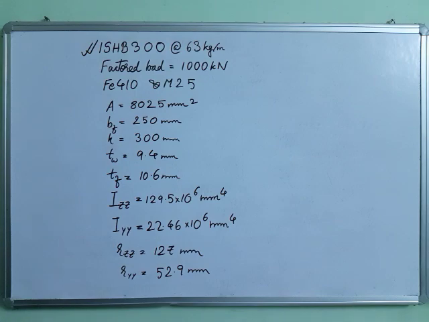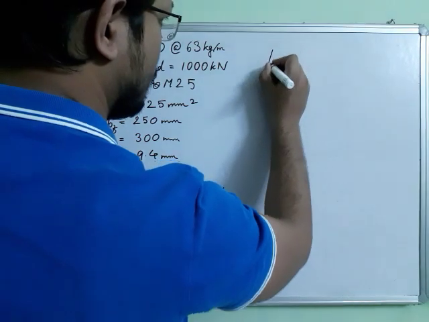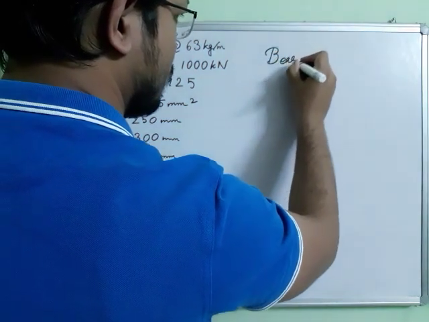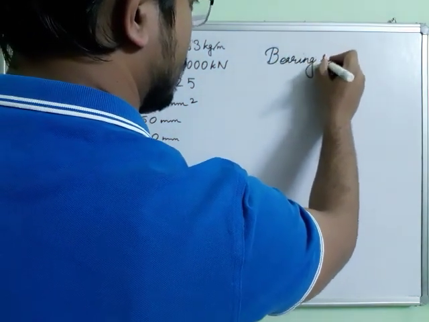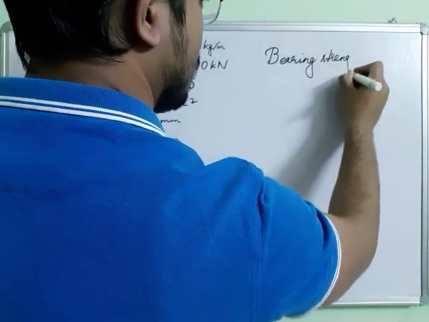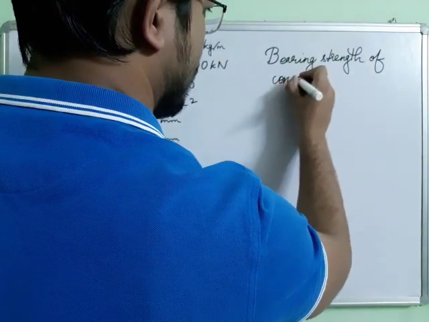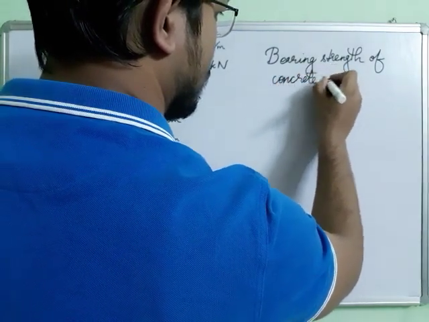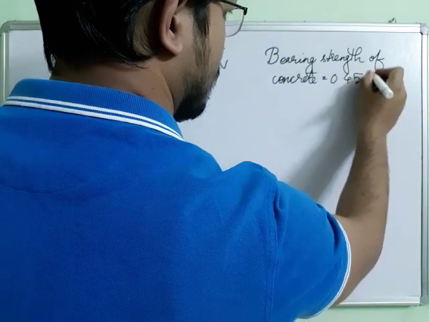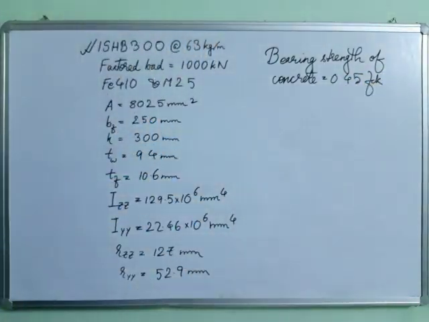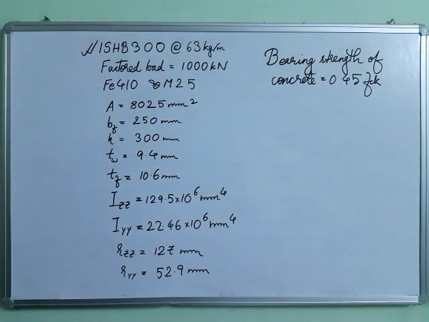For finding the bearing strength, the formula is this. It is a very important formula, and it also comes in the examinations. So now you find out the bearing strength, how much it will be.